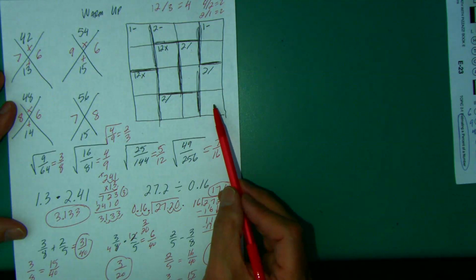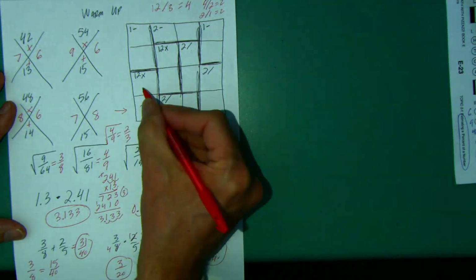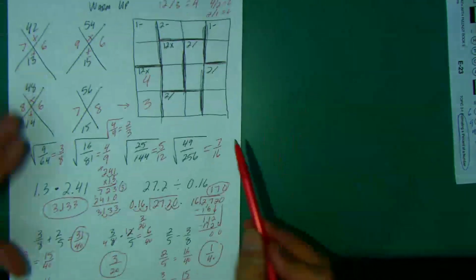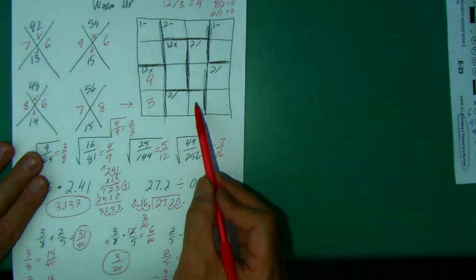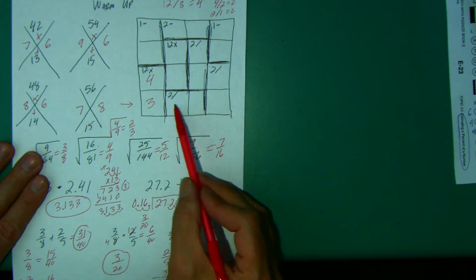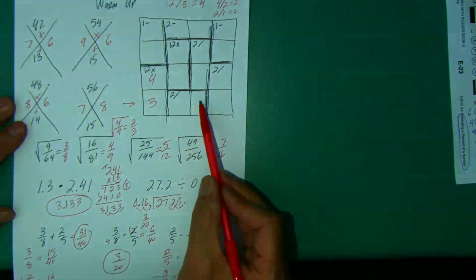So where does a 3 go in that last row? Yes. Okay, now if a 3 goes there, what's going here? Yes. Now, if I have a 4 divided by 2 here, that would be a 1, but I can't have a 4 here, can I? I could have a 4 here, though, couldn't I?